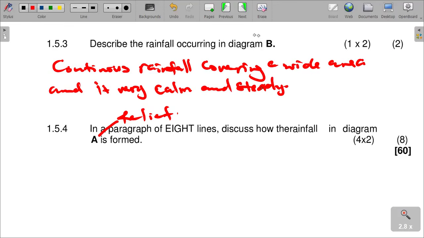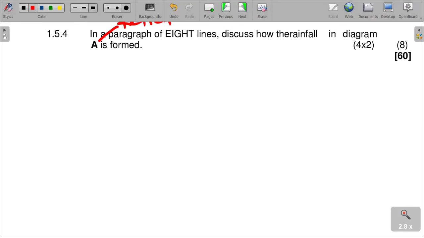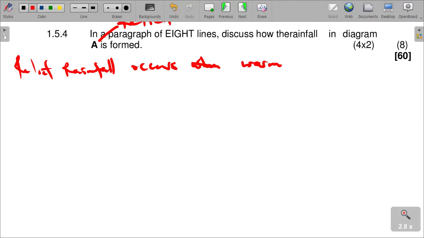So what you need to understand is how relief rainfall forms. Relief rainfall occurs when warm moist air blows off the ocean towards the mountain.